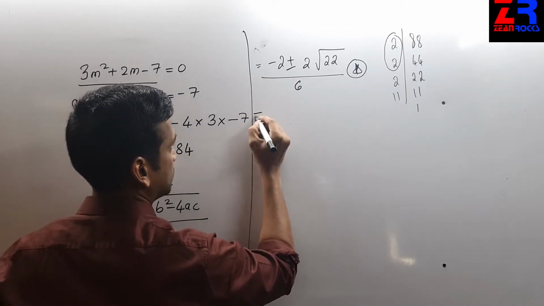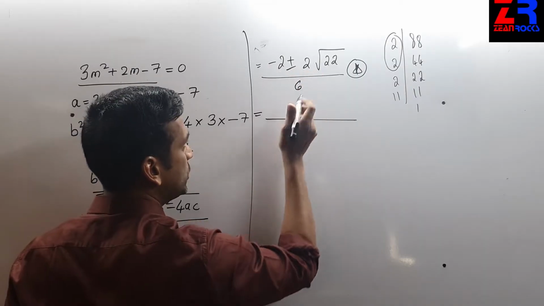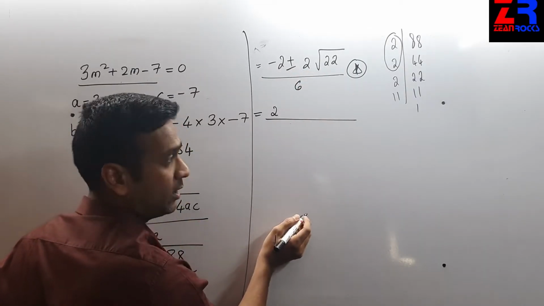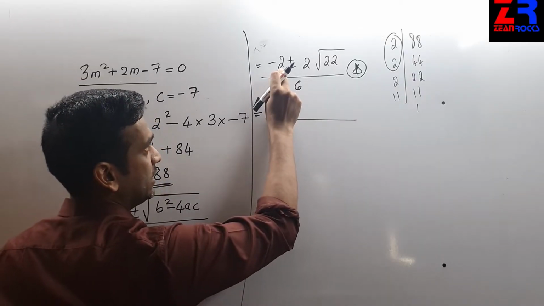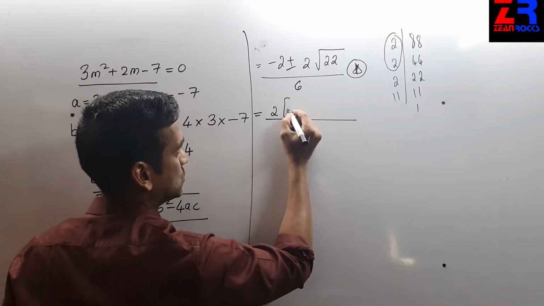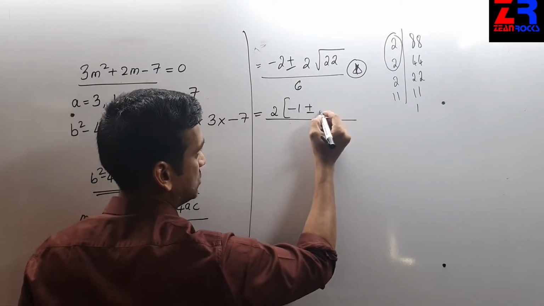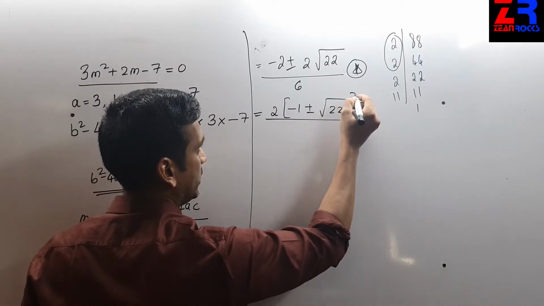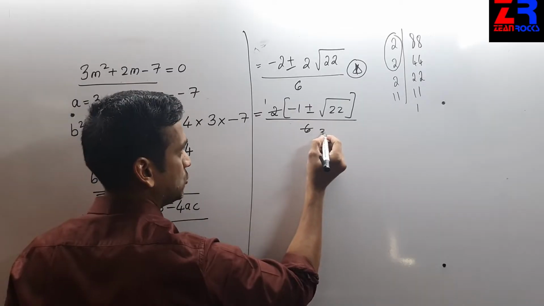So here, out of these two numbers, 2 is common. So I take 2 common outside the bracket. Inside the bracket it will be minus 1 plus minus root 22 upon 6. Now this will get cancelled. 2 1s are 2 3s are.